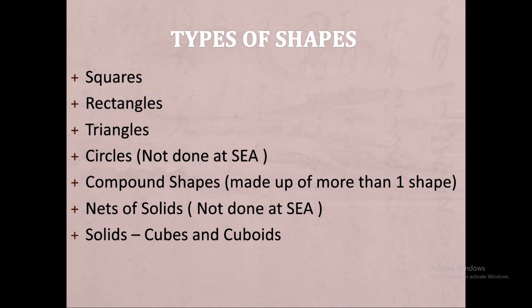You are asked sometimes about parallelograms and rhombus and all of those shapes, but basically you find yourself really only looking at perimeter of squares and perimeter of rectangles. You also would have learned that there are different types of triangles: isosceles, equilateral and scalene. Those are your types of triangles.